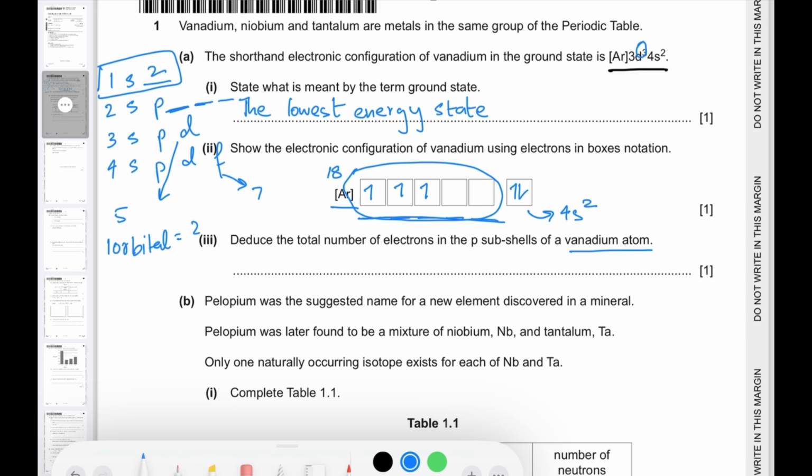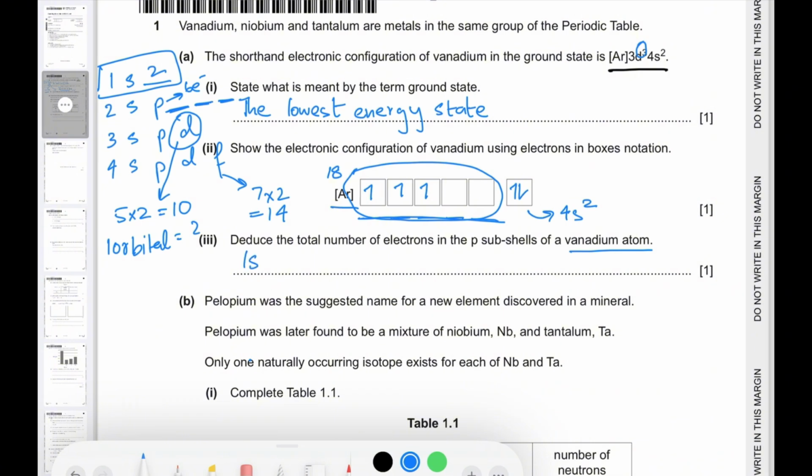Then subshell p with 3 orbitals can carry a total of 6 electrons. Subshell d with 5 orbitals can carry 10 electrons, and subshell f with 7 orbitals can carry a total of 14 electrons. And the way that you fill up these subshells, or write the electronic configuration, is we always start with the subshell that is closer to the nucleus or lowest in energy.